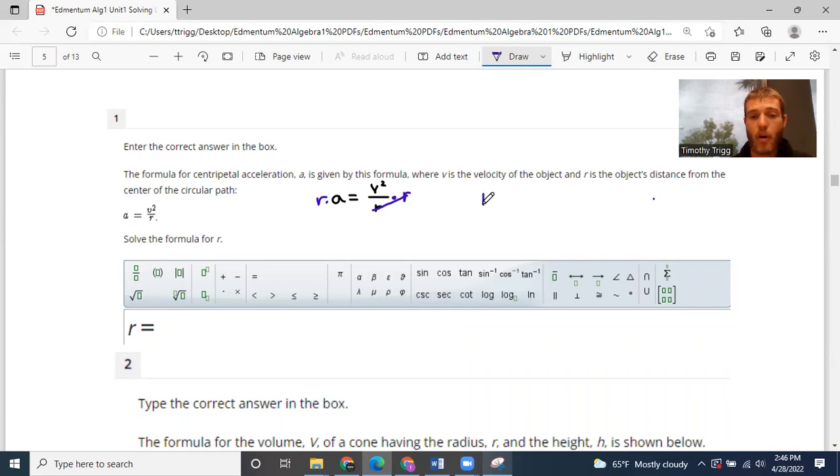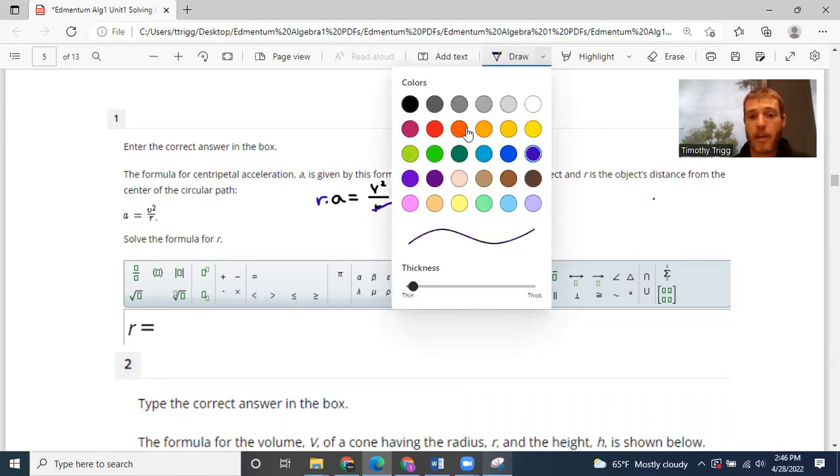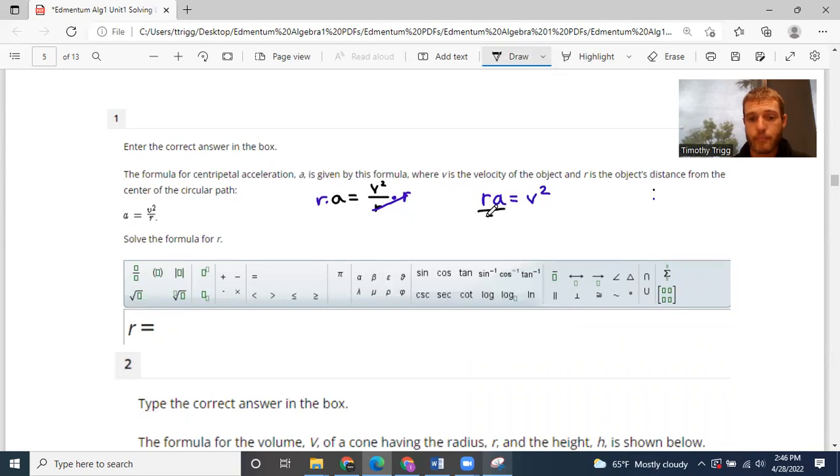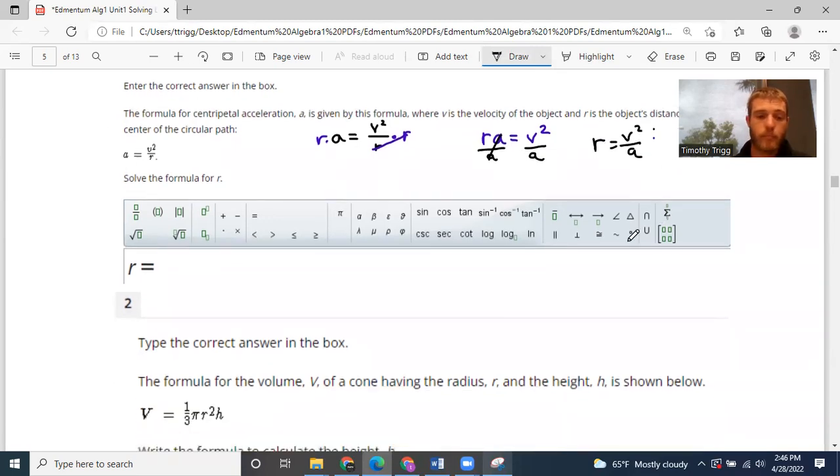So on the left side we have RA equals, and on the right side, V squared. Now to get R by itself, we divide by A on both sides. R equals V squared over A.